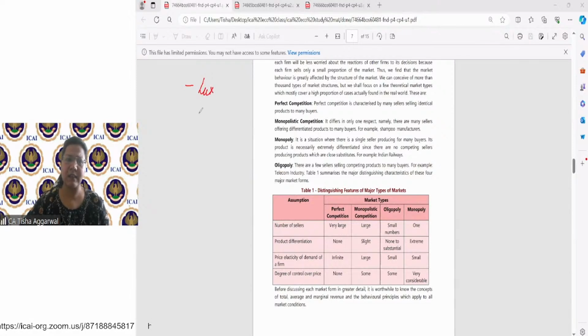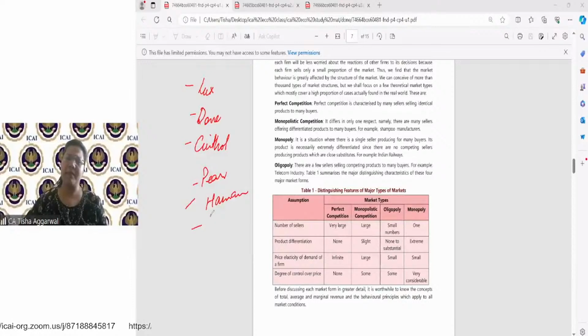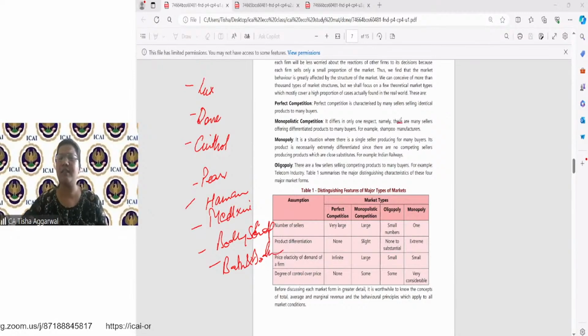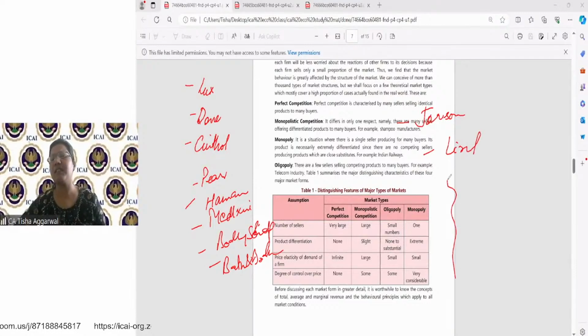Lux, Dove, Synthol, Pears, Hamam, Medimix, Body Shop, Bath and Body, Johnson's, Liril, and thousands more.